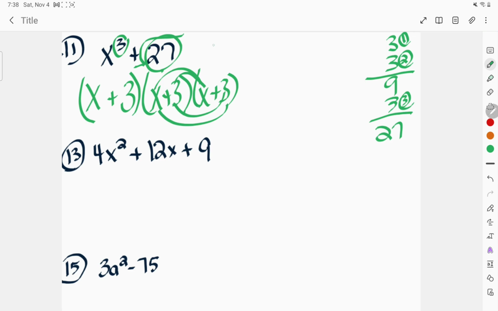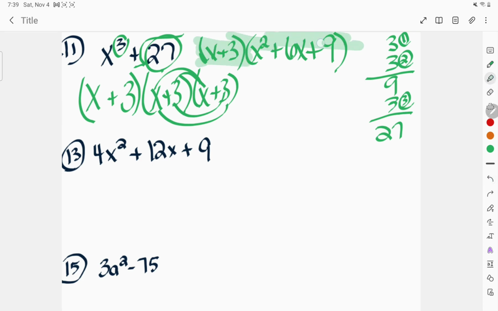And it's going to be your final answer, x plus 3 times x squared plus 3x plus 3x. So remember, square the first, multiply the first times the second, and then double it, so 6x. And then the last times the last is 9. So this is, oops, sorry about that. This is your final answer on this one.